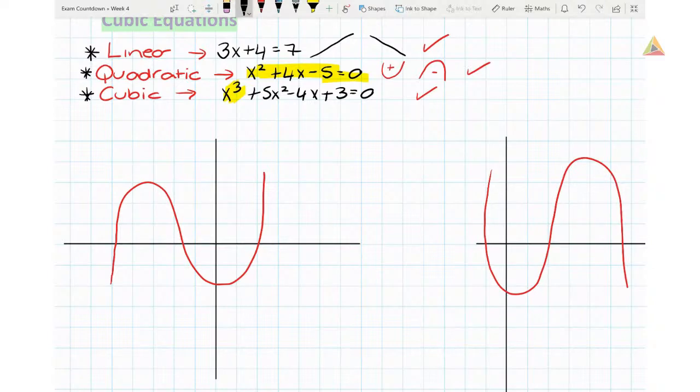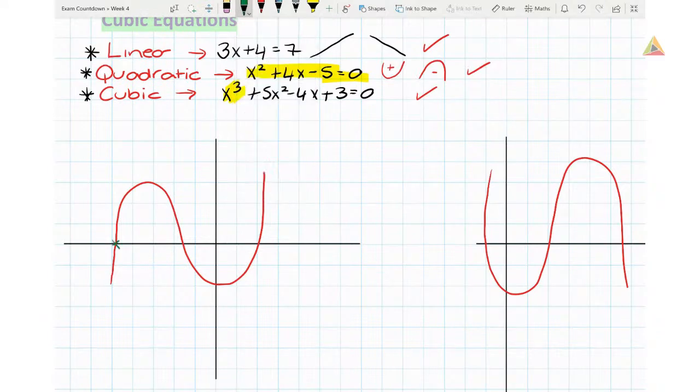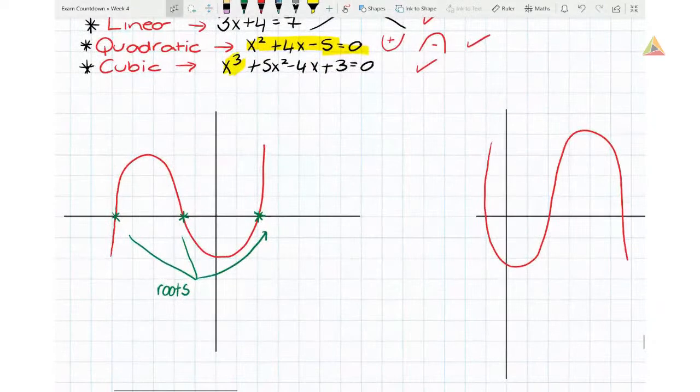You will notice from what I've just drawn that in both cases, the cubic crosses the x-axis 3 times. Those places where the cubic equation crosses the x-axis are what we call the roots of the cubic equation. Just like we have roots of a quadratic, where the quadratic crosses the x-axis, the roots of a cubic are where the cubic function crosses the x-axis.